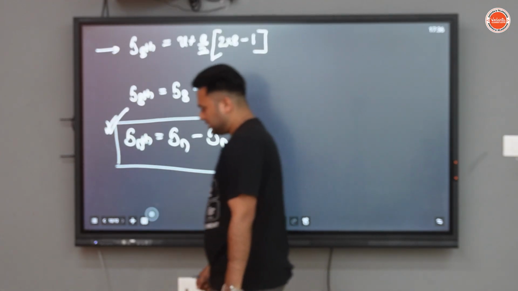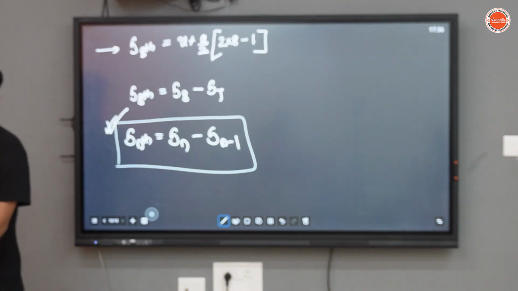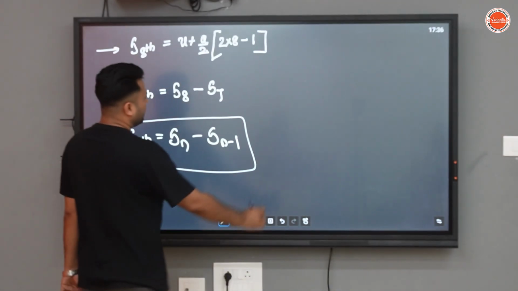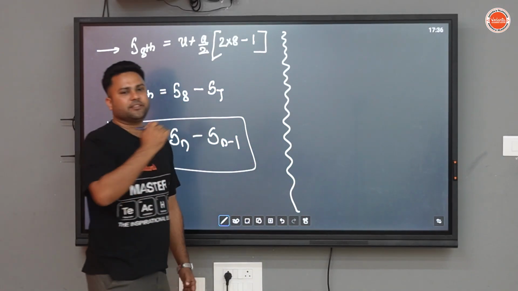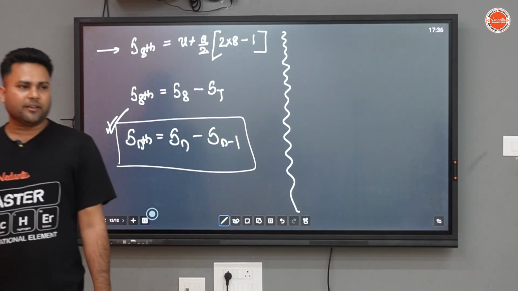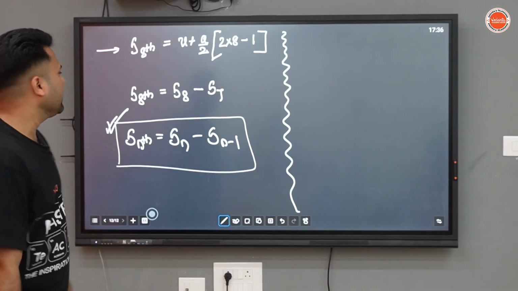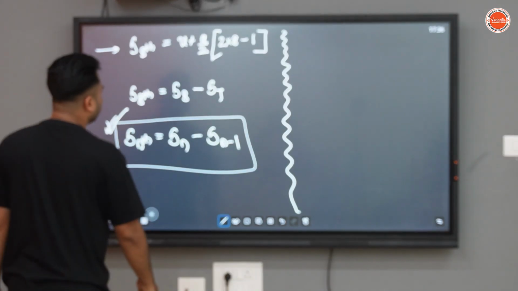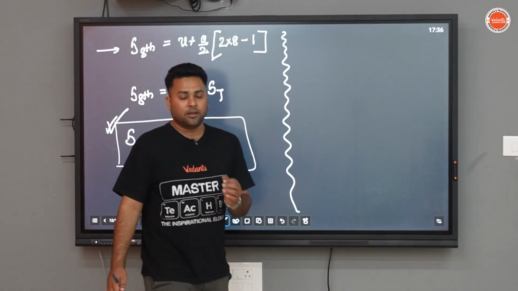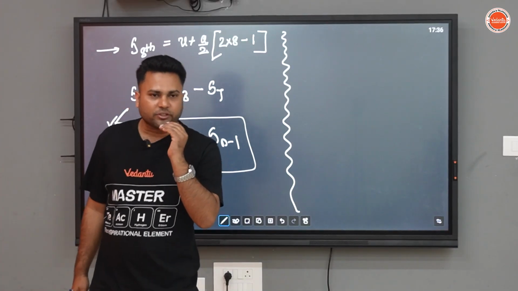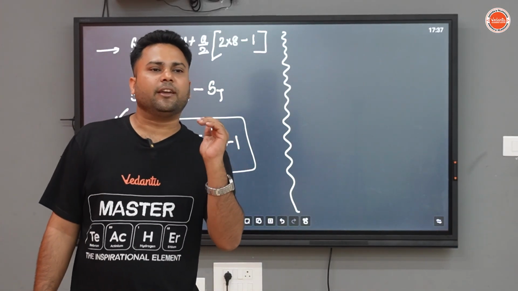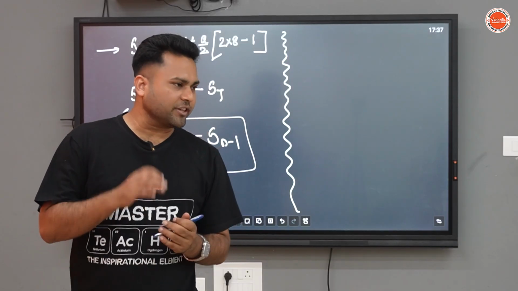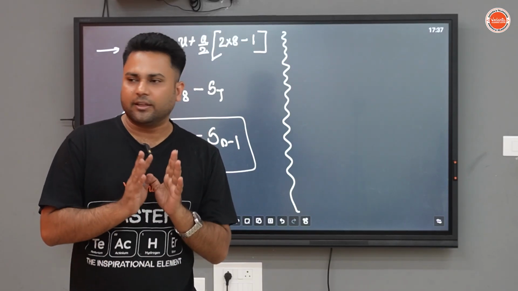Direction. Whenever you are using the formulas v equals u plus at, s equals ut plus half at square, v square minus u square equals 2as, how do we take direction? You see where the motion is happening. In the direction of motion you take everything positive, opposite to the direction of motion you take everything negative.